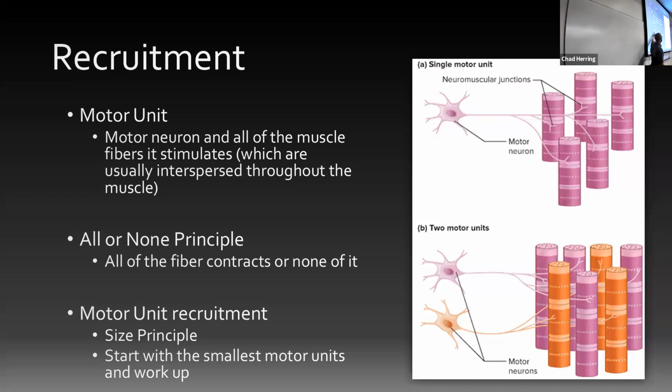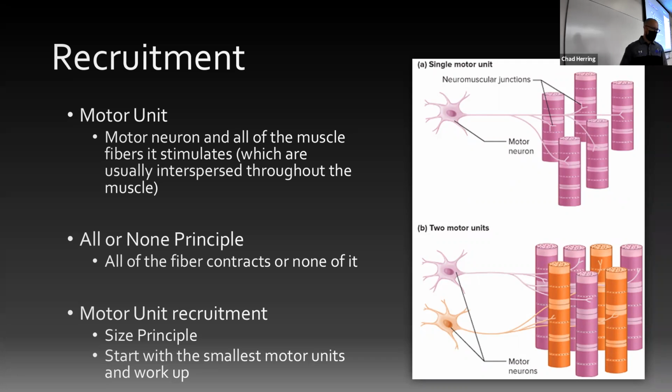That's it. It's because of the all or none principle. Think about a motor unit like a regular light switch. It's either on or off, not one of those dimmer switches. If it's on, it's telling the muscle fiber to contract. If it's off, relax. That's the all or none principle.